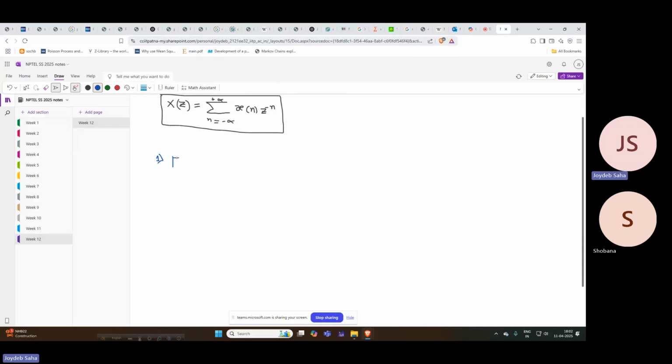Find the Z transform of x[n] equal to a to the power n u[n].